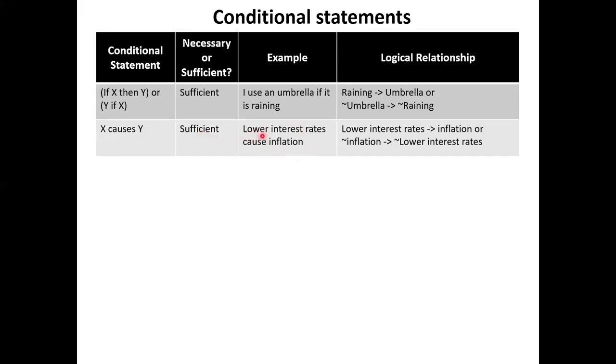And since it's a sufficient condition, how do we express this? If there are lower interest rates, then there will be inflation. Now, the moment you arrive at this relationship, arriving at this relationship is easy because it's just a contrapositive. And how do you read this? If there is no inflation, it definitely means that there are no lower interest rates.